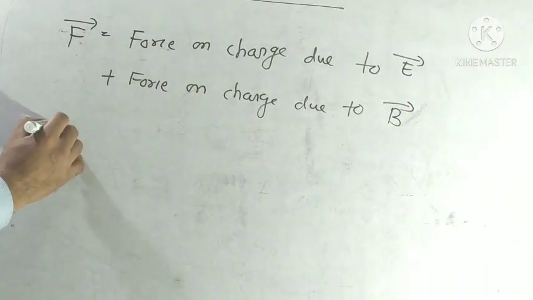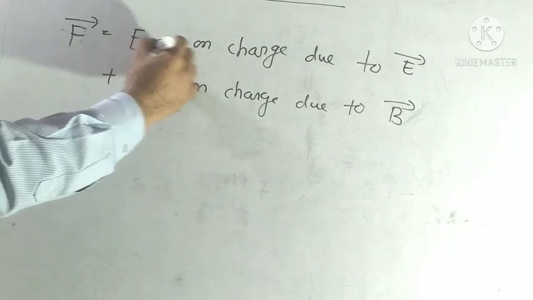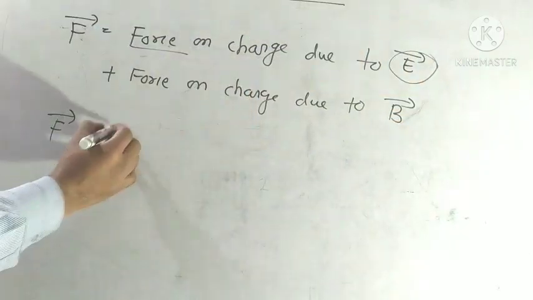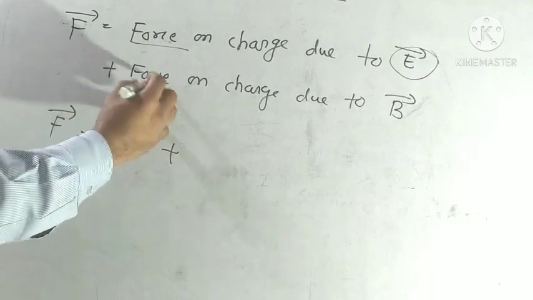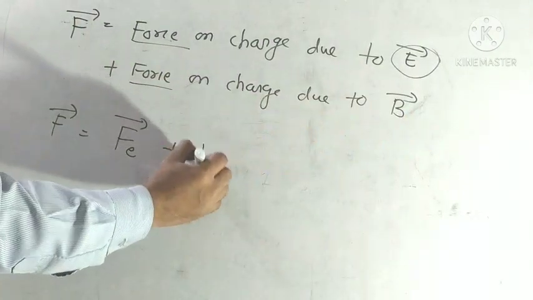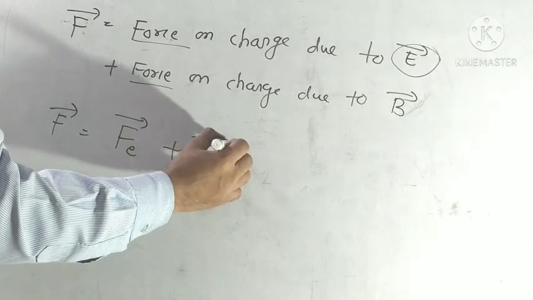Simply we write F is equal to the force on charge due to electric field, Fe, plus the force on charge due to magnetic field, Fb.